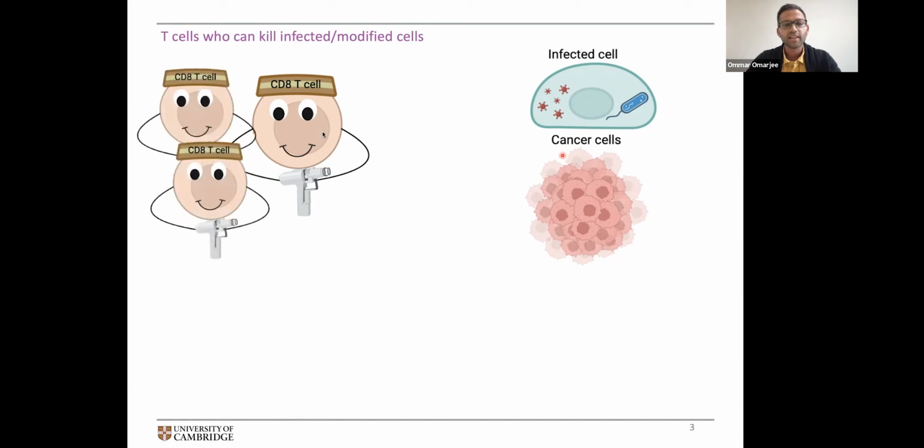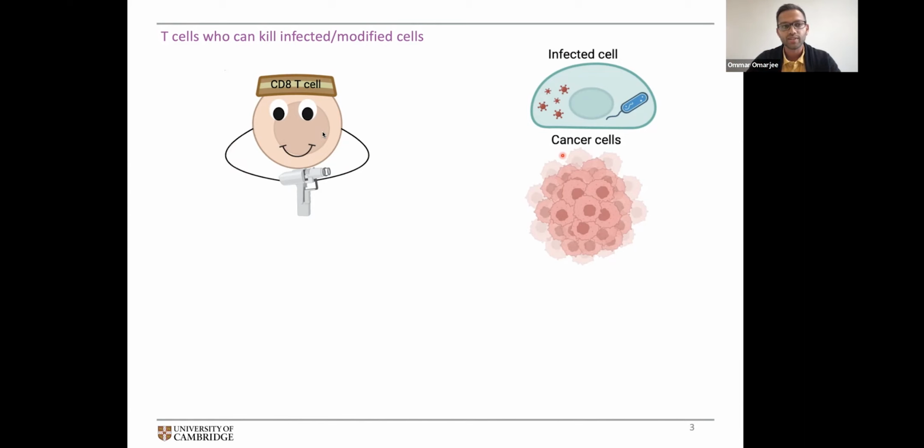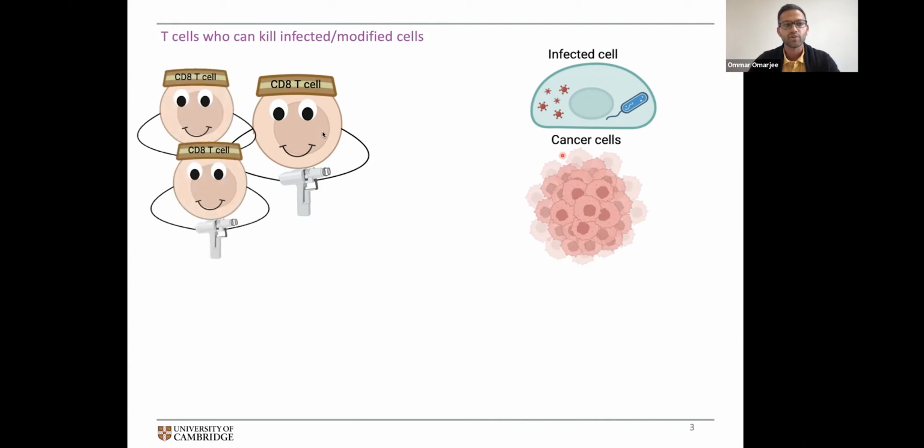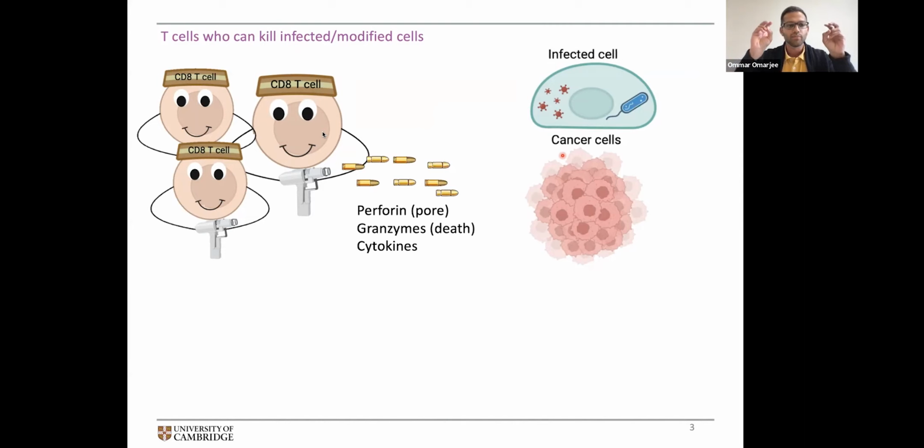Now, in order to fight those cells, the CD8 T cells have two abilities. The first one is to be able to multiply, so you have more of them to fight the infected cells. And they have an ability to kill those cells by generating molecular bullets, if you call it like this, that are of three categories that we call perforin, granzymes, and cytokines.